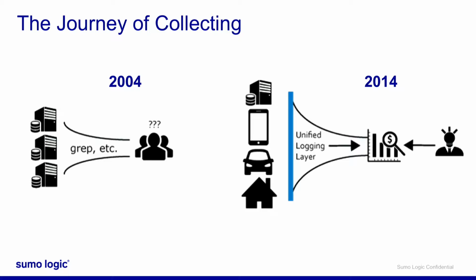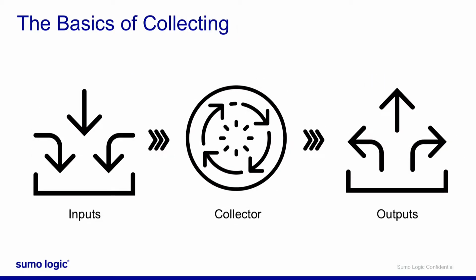And eventually a concept of a logging layer has come into being, where we've started to think of the data, I'm going to refer to it as data, not just logging, that's coming out of our systems as a layer that we can manage. At its most basic level, we have inputs, we have some sort of collection mechanism, and we have outputs.